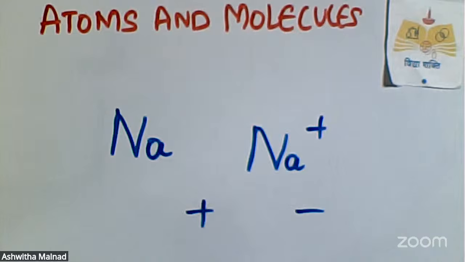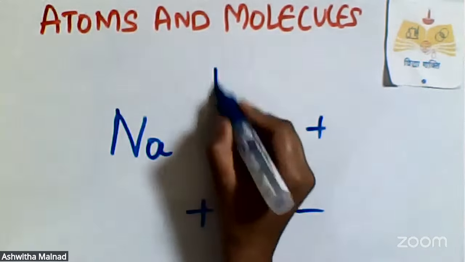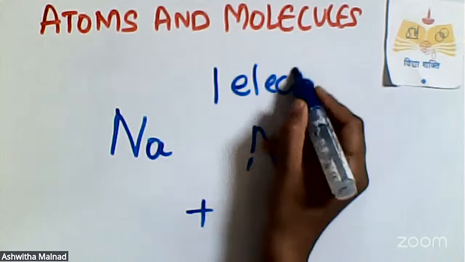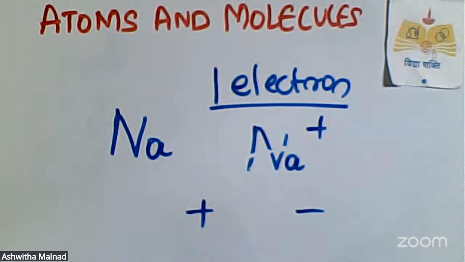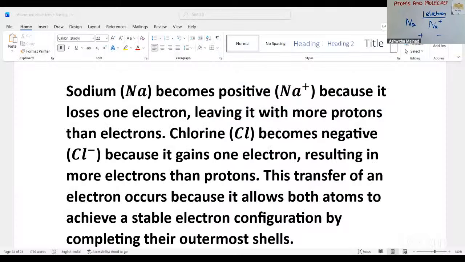Excellent students, a very good big round of applause from our side to you, because it donates one electron. Excellent. Very good participation and wonderful way of thinking. Thank you. So sodium Na becomes positive because it loses one electron.